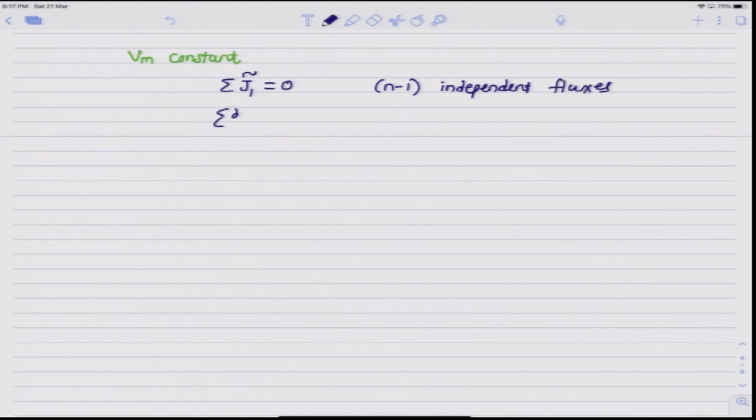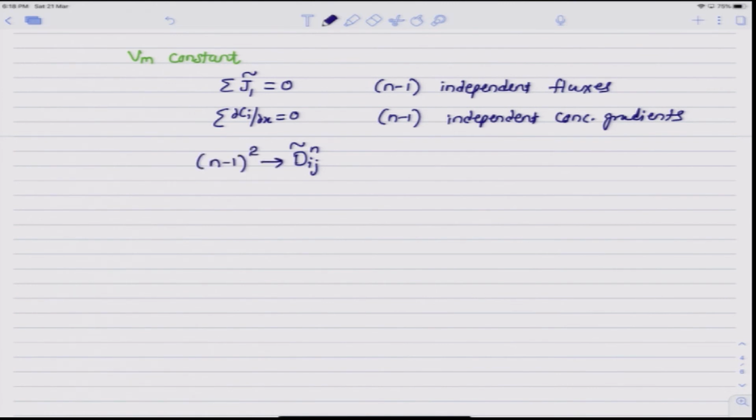Also, the summation of concentration gradients is 0, so we have only n minus 1 independent concentration gradients, and so we defined Dij tilde n, and so we need n minus 1 square interdiffusion coefficients to define interdiffusion at a given composition.